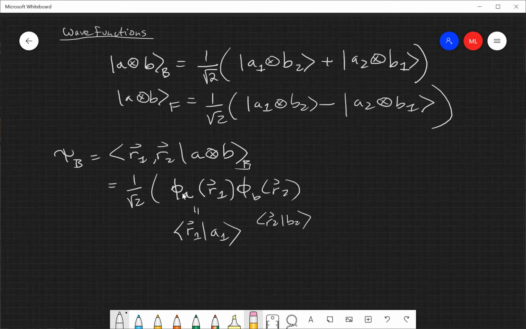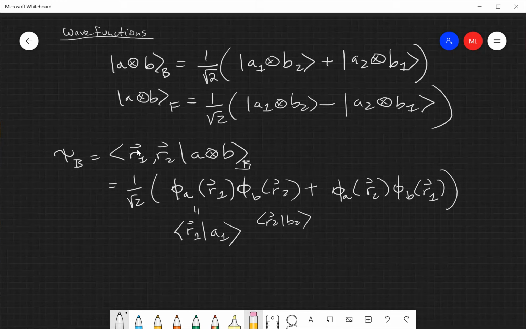Then there's a plus sign, and now it's a little bit different. It's phi A R2 and phi B R1, because now particle 1 is in state B, and particle 2 is in state A. So the 1 and 2 labels tell you which Hilbert space you're in.